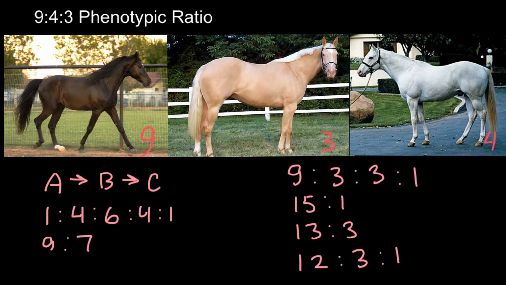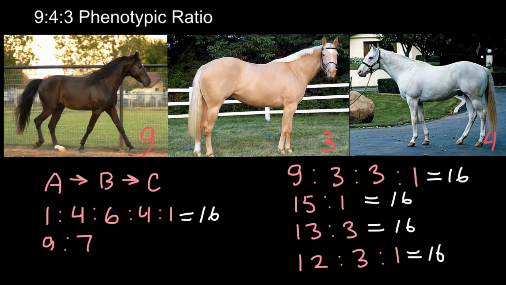So do you find anything in common between all these ratios? These ratios are so different that it seems there is nothing common among them. But if we add all these numbers, here we are going to get 16, here 16, here 16, here, and here.